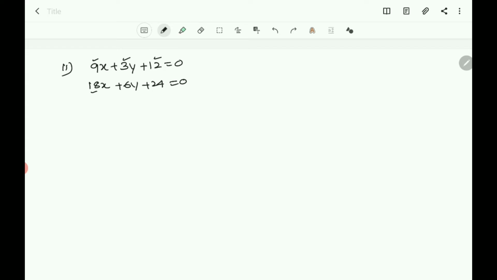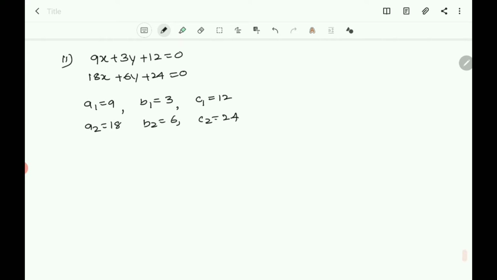So write a1 is equal to 9, b1 is equal to 3, c1 is equal to 12 you take. Next a2 is equal to 18, b2 is equal to 6, c2 is equal to 24 here.